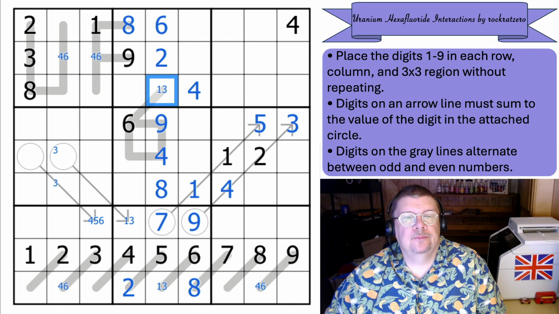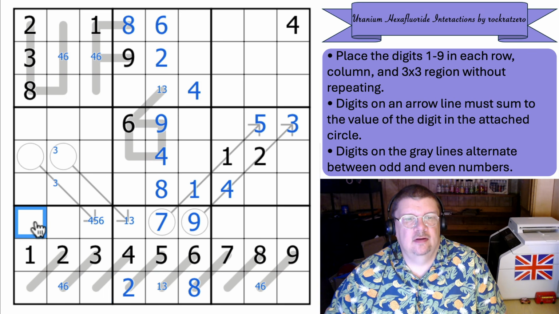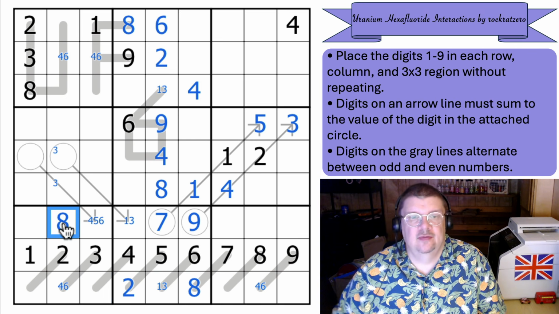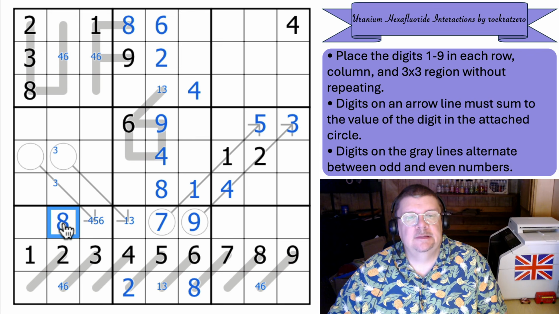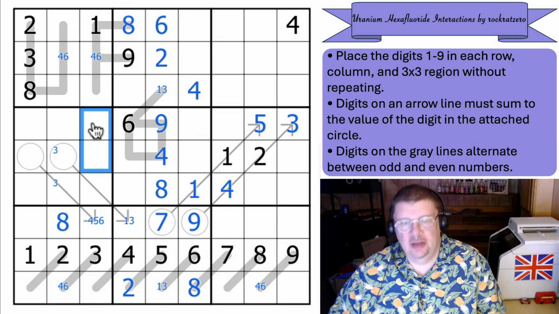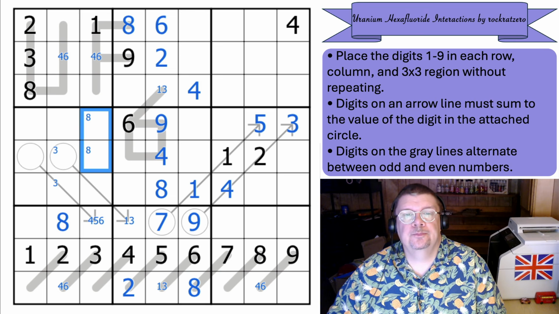All right. Okay, that can't be 8, and nor can that, because they have to be odd digits. That can't be an 8, so this is the only place left for 8 in this box. That means that 8 is in one of these two.